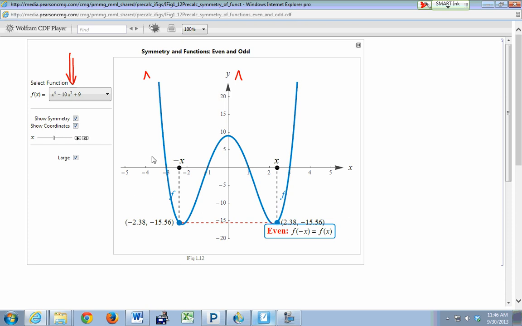If I take negative 2.38 and put it into this function, raise it to the 4th power, square it and multiply it by negative 10, and then add 9 to it, I would get negative 15.56. If I took its opposite, 2.38, and put it in here, raise it to the 4th power, square it, multiply it by negative 10, and add 9, I would get exactly the same value. That's the definition of an even function. f of negative x equals f of x.